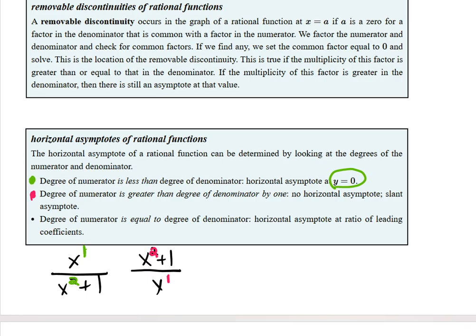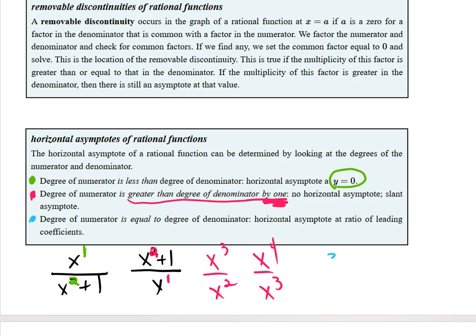So if it's x squared over x to the 1, or x cubed over x squared, or x to the 4th over x to the 3rd, the numerator is greater than the denominator by 1, and there's no horizontal asymptote. And the last one says, if the degree of the numerator is equal to the degree of the denominator, the horizontal asymptote is at the ratio of the leading coefficients.